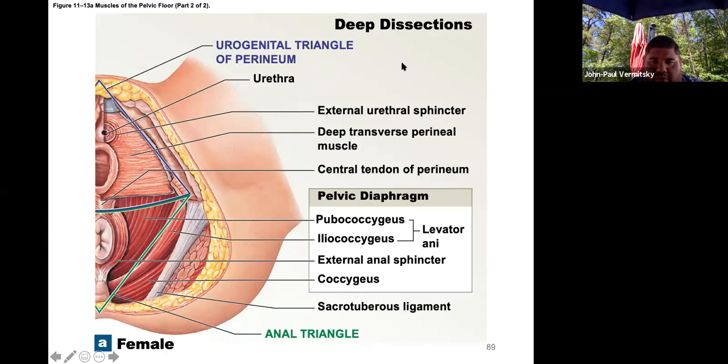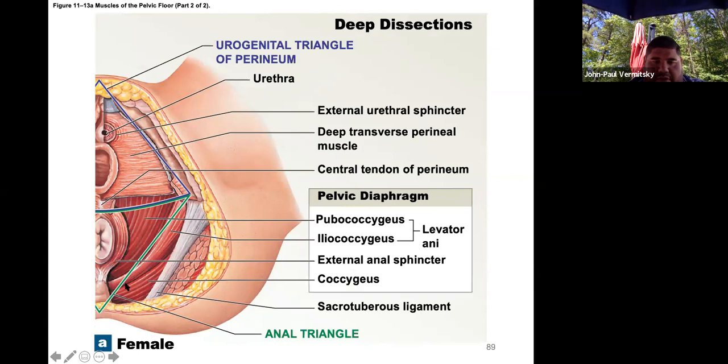The pelvic diaphragm here, looking at sort of the anal triangle, which is going to be right in this area here. This is going to include your levator ani muscles, okay, the coccygeus muscle, and then the external anal sphincter, which is this muscle right here.